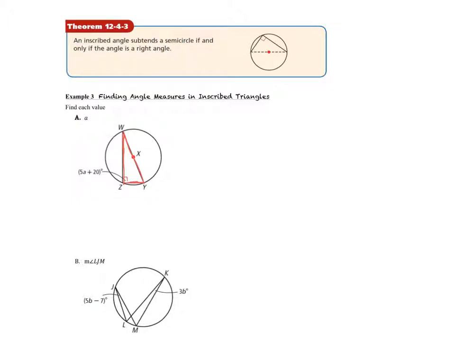So it says here, an inscribed angle subtends a semicircle if and only if the angle is a right angle. So we have 5a plus 20, which equals 90 degrees. 5a is equal to 70 because I subtract 20 from both sides. And divide both sides by 5, and a equals 14.